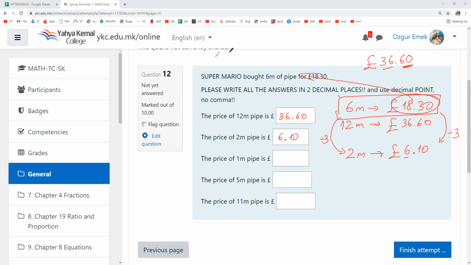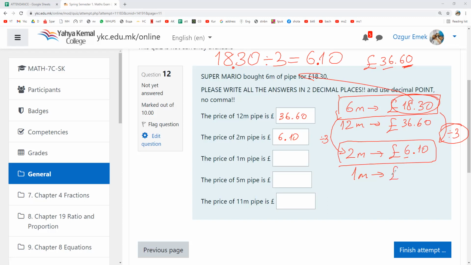Or you can divide 1,830 by 3. You get 610. And in 2 decimal places, it will be 6.10. If 2 meters is 6.10, then 1 meter is half, 3.05.